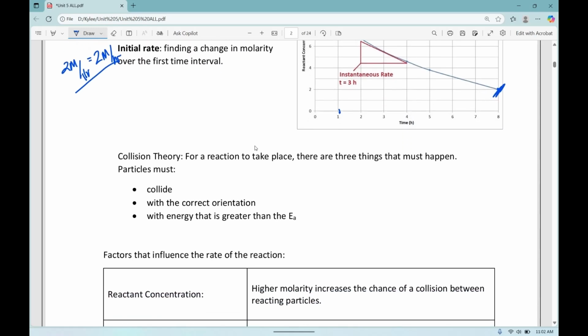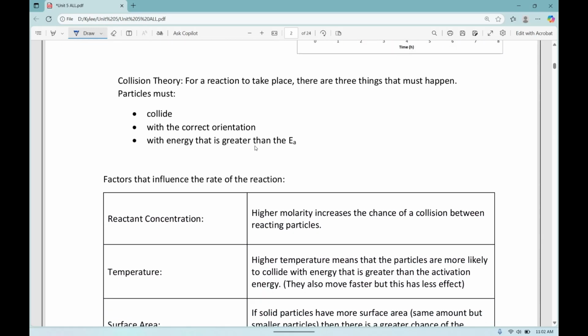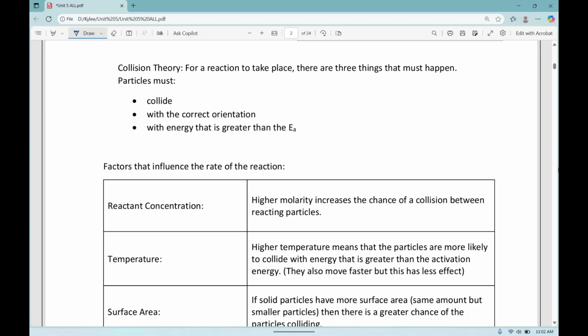The other part that we have to talk about for reactions is the concept of collision theory. So in order for a reaction to happen, 3 things have to take place. The reactants must collide, so there has to be collisions. They have to have proper orientation, and they have to have enough energy that will overcome the activation energy.